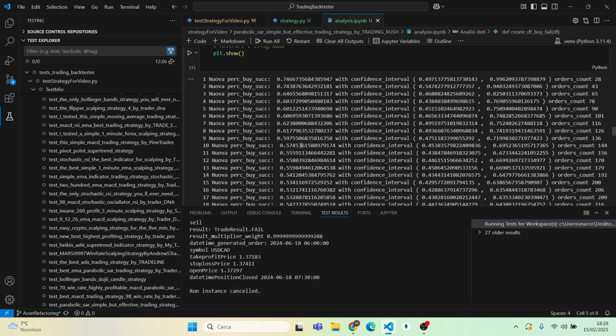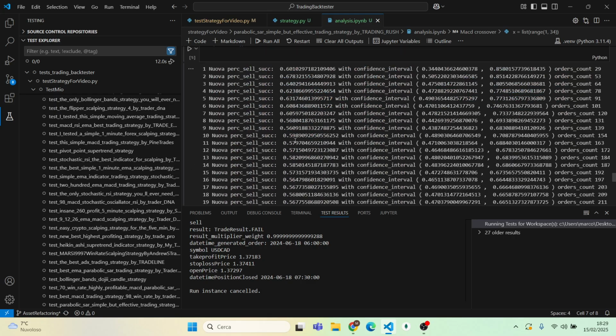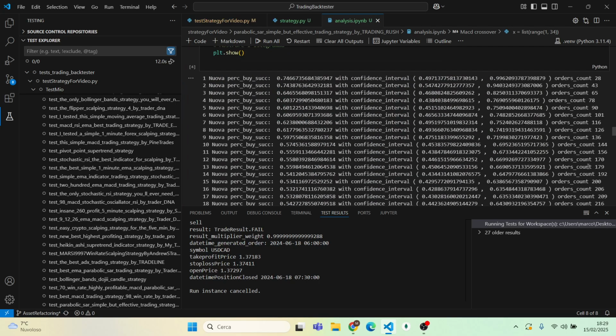But let's focus on this analysis. I have found that if you check for a bullish MACD crossover in the last about 10 candles, the new average success rate would have been 57%, and for sell about 56%, but the number of orders would have been half of before.